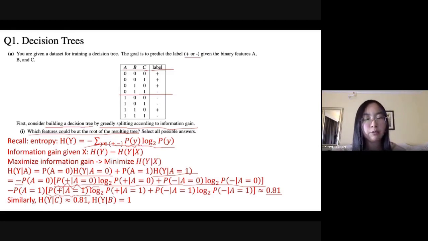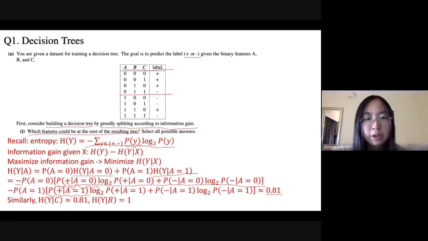So this means that if we do a split over A, then basically we will see that the distributions of different labels will be more skewed towards one label in each split, which is helpful if you want to assign the labels in the end.